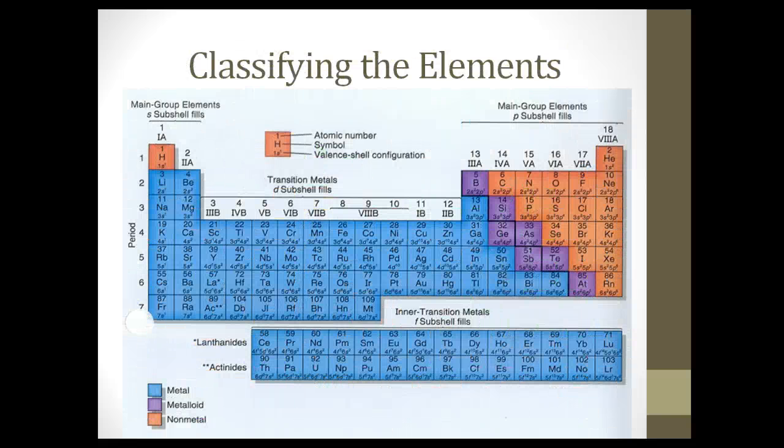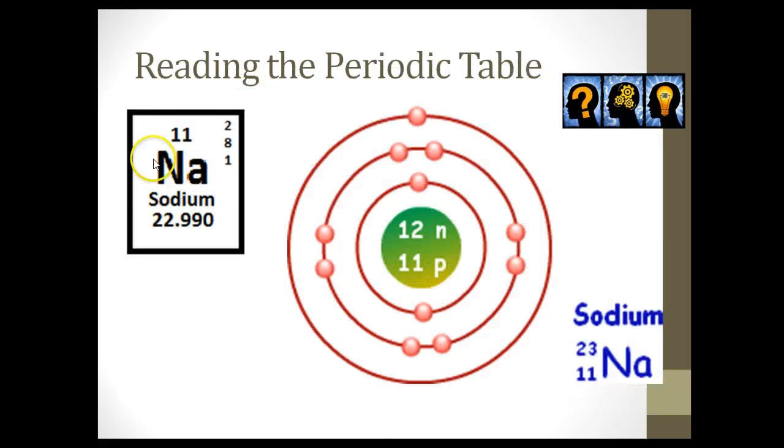So, what we want to do first is talk about what you can tell from a block in the periodic table. Alright. So down here, I've pulled down a block of the periodic table. So this is sodium. And I've also added its Bohr model of an atom down here. Remember, the Bohr model is not the most up-to-date model, but it's a good one to see the correlation between the block in the periodic table and the properties that the elements actually have.